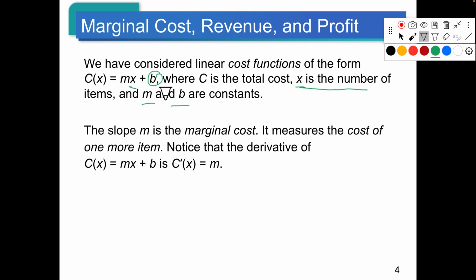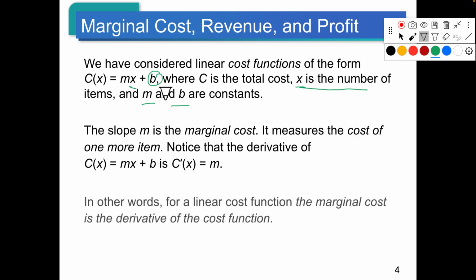Okay. We're also going to look at some situations that are not that simple, and that's real life business, right? The more you make, oftentimes you get economies of scale. It becomes cheaper to make each one as you make more. But the linear cost function actually contained the derivative in there.